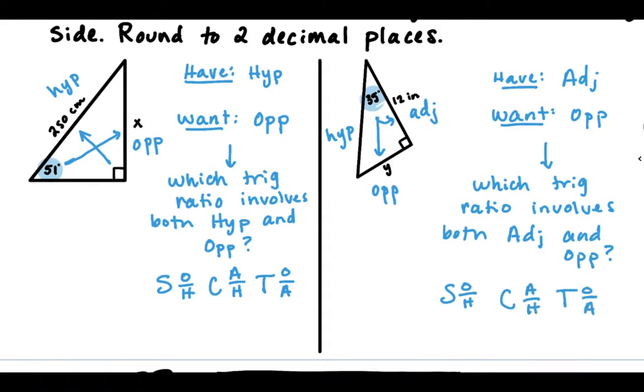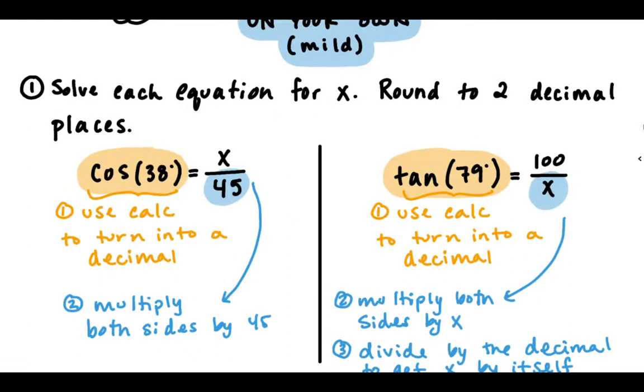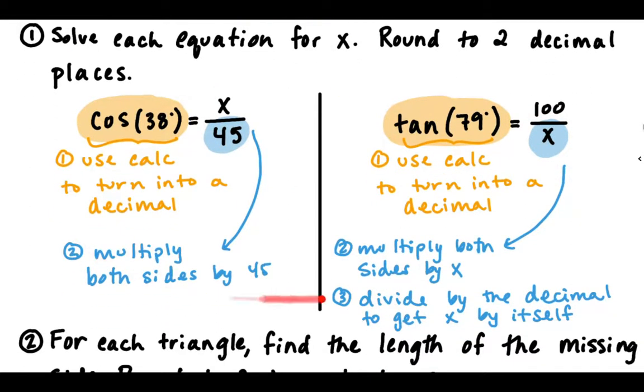Once you have picked either sine, cosine, or tangent, you're going to write your equation. Again, your equation is going to look something like this, and then you're going to solve your equation just like we were doing up here. So use the same hints and process as we did up here to solve your equation.